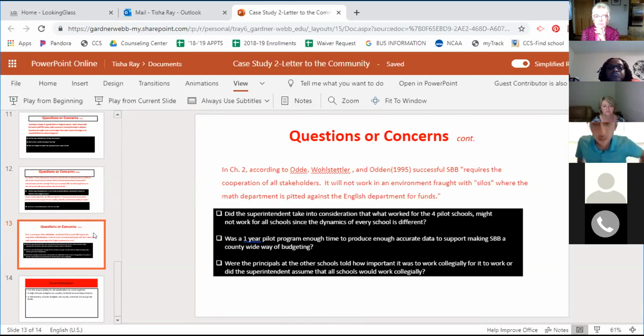Was a 1-year pilot program enough time to produce enough accurate data to support making SBB a county-wide way of budgeting? And were the principals at other schools told how important it was to work collegially for it to work, or did the superintendent just assume that all schools would work collaboratively?